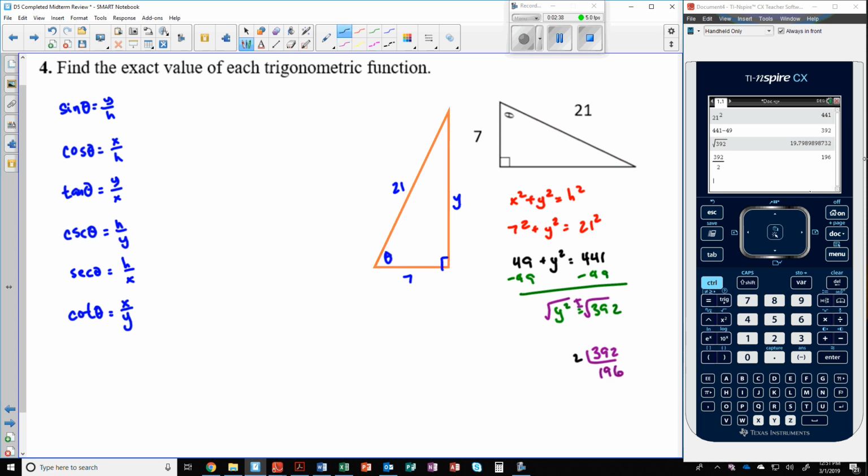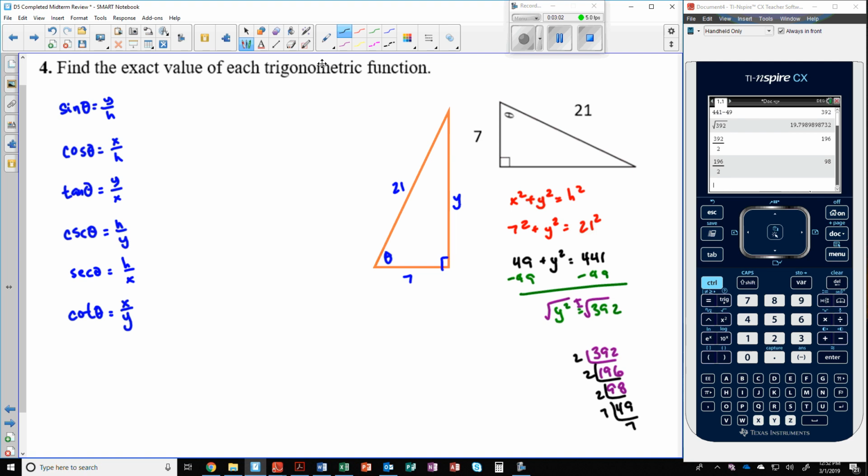And now I'm going to see if 2 can go into it. If it can, then 2 is a factor that can be pulled out of the square root. 2 goes into 196 98 times. And 2 can also go into 98 49 times. And 49 has a square root of 7. 7 goes into 49 7 times.